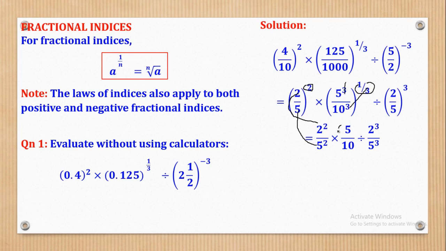That is why you see here 5 over 10. Then here this power affects both, so this will become 2 to power 3 and this becomes 5 to power 3. Now to make this division multiplication, you have to get the reciprocal of this. So the reciprocal means this one goes up and this one goes down. That is why you see here 5 to power 3 over 2 to power 3.